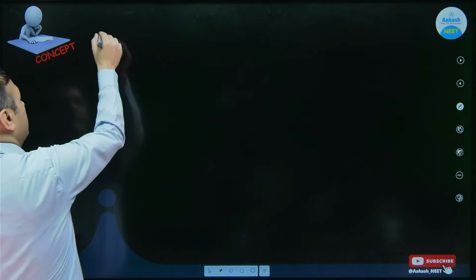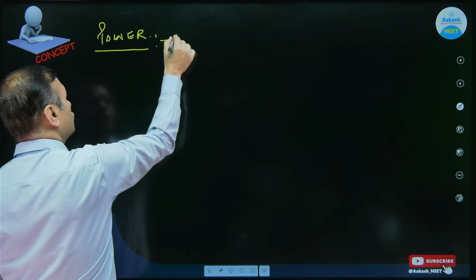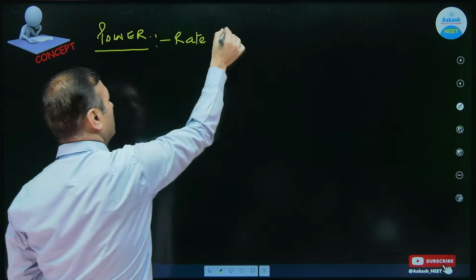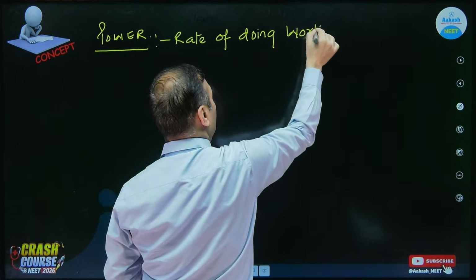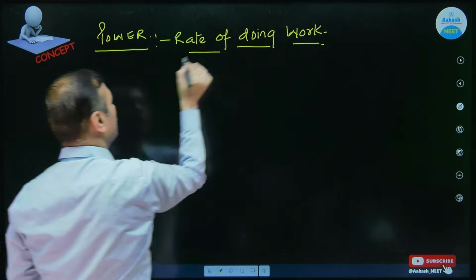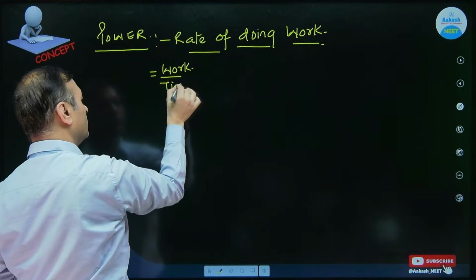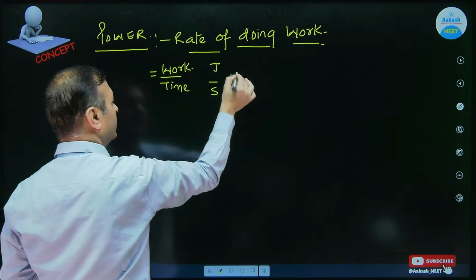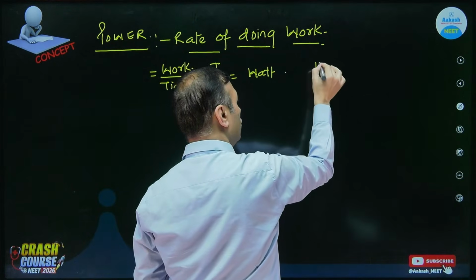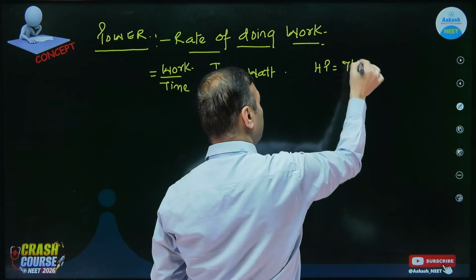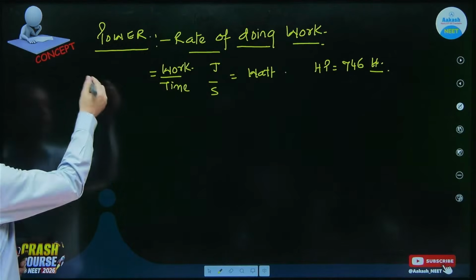Then the next part we have is power, which is defined as rate of doing work. So work done per unit time, so joule per second, and that defines the SI unit as watt. The other unit is horsepower, which is 746 watt only. Got it or not? So we have two types of power.